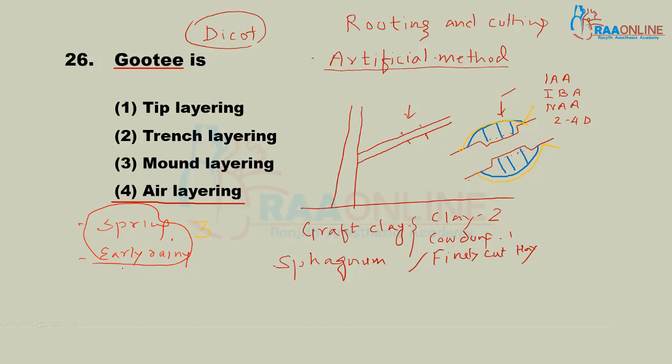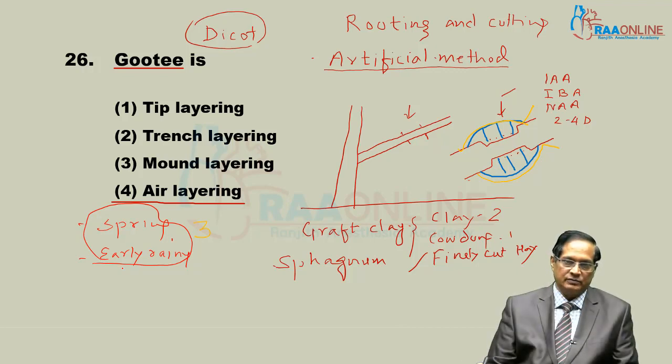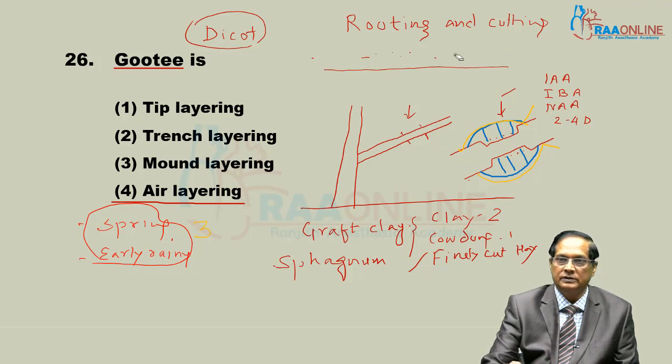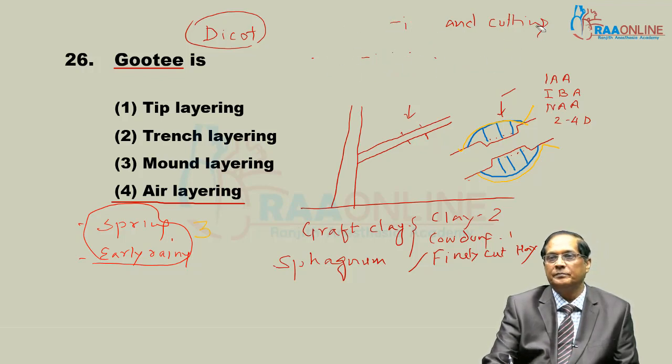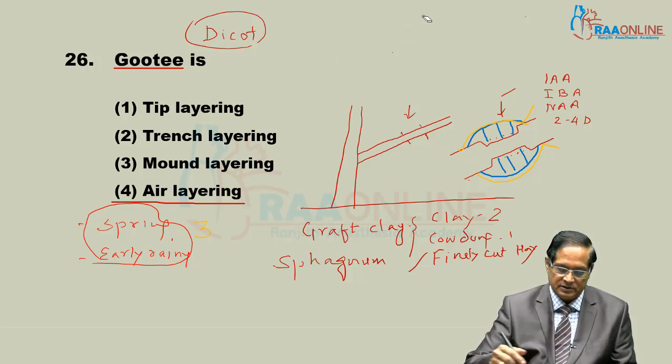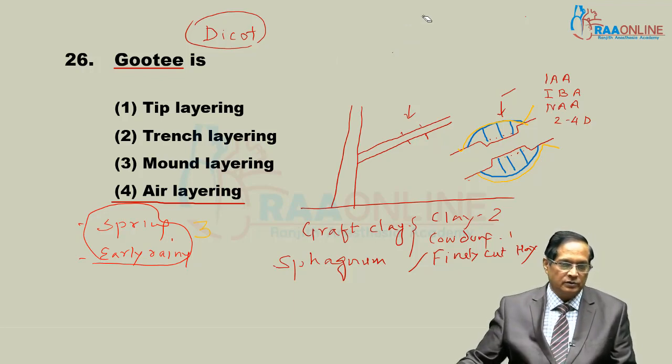So after 3 to 4 months, when this clay is removed, you will see roots in that area, emergence of the root in that area. This is rooting.